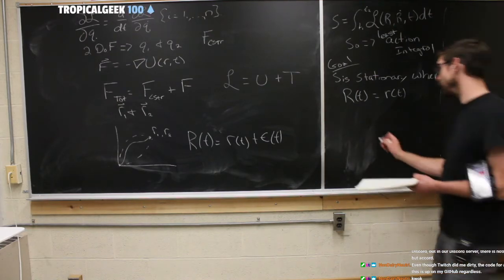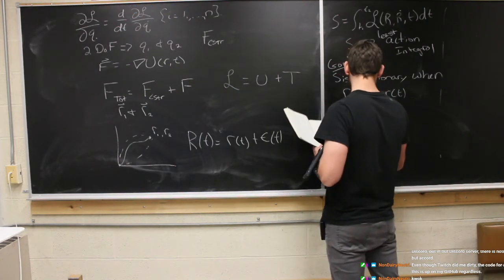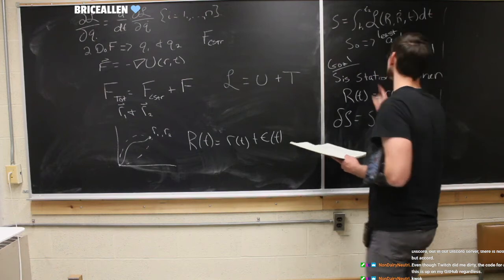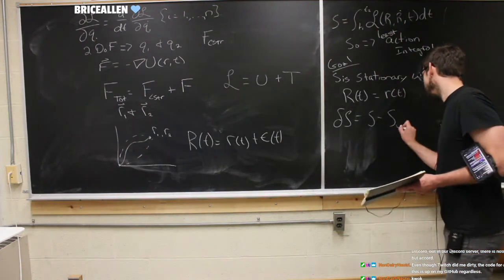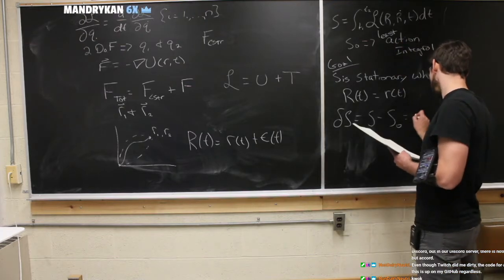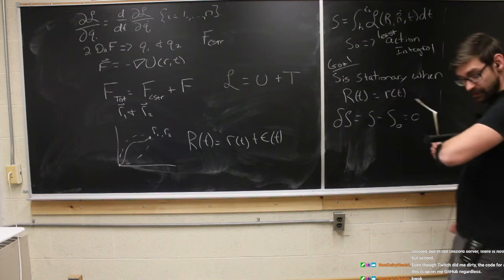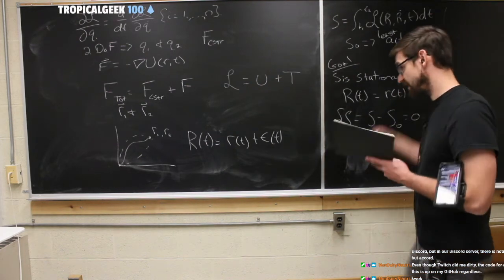So we want to make sure that the variation in S, which is basically saying the S integral with our big R minus our least action integral, which we're going to say is the little r, is equal to 0. Can we prove that that is true? That's going to be the goal.